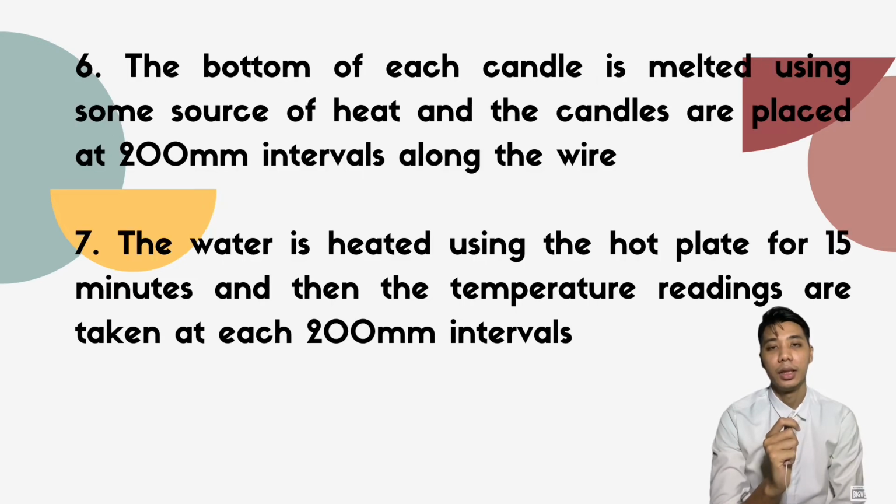After that, the bottom of each candle is melted using some source of heat, and the candles are placed at 200mm intervals along the wire. Lastly, the water is heated using the hot plate for 50 minutes, and the temperature readings are taken at each 200mm interval.